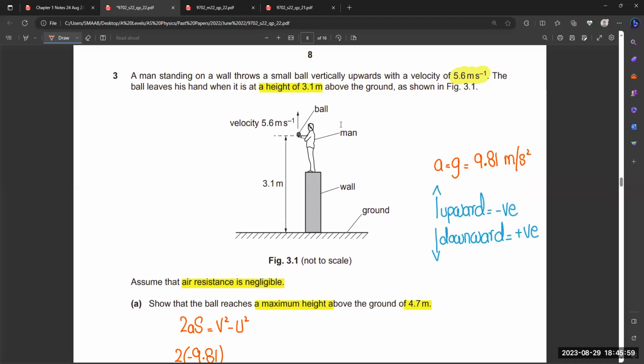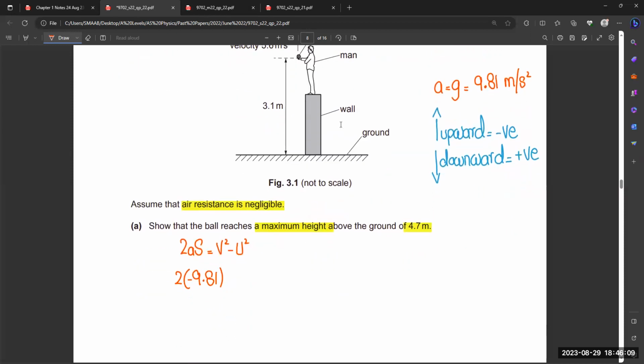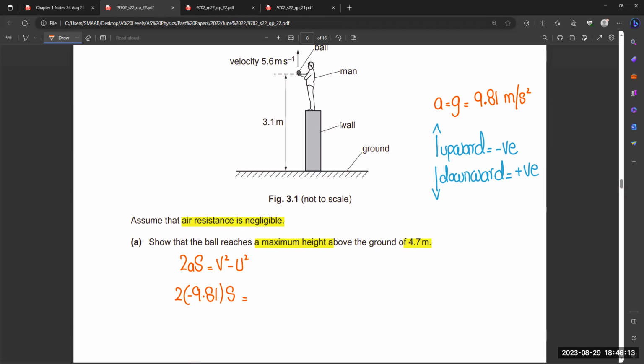Is it going to be 3.1? Basically we need to find out the distance, so S is unknown. Show that the ball reaches the maximum height. We know it's going to be less than 3, more than 4.7.